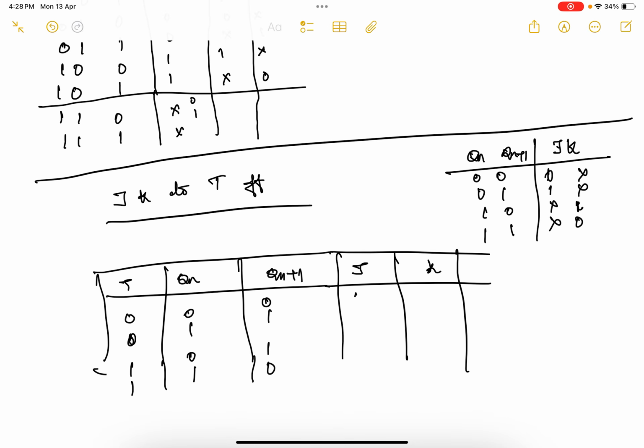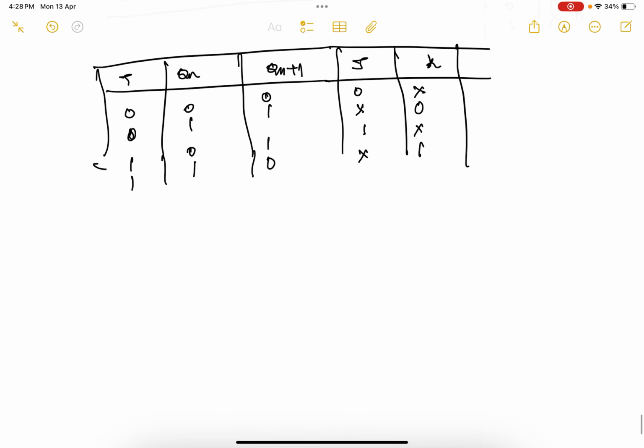So for the 00 condition it is 0x, for the 11 condition it is x0, for the 01 condition it is once again 1x, and for the 10 condition it is x1. Okay, x1. So now we are drawing what is for our J and K.